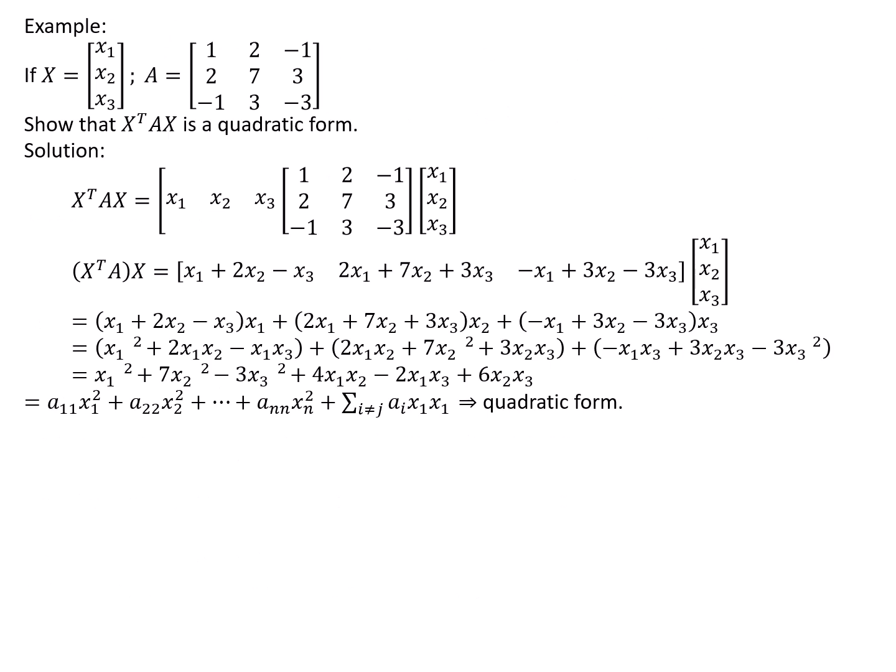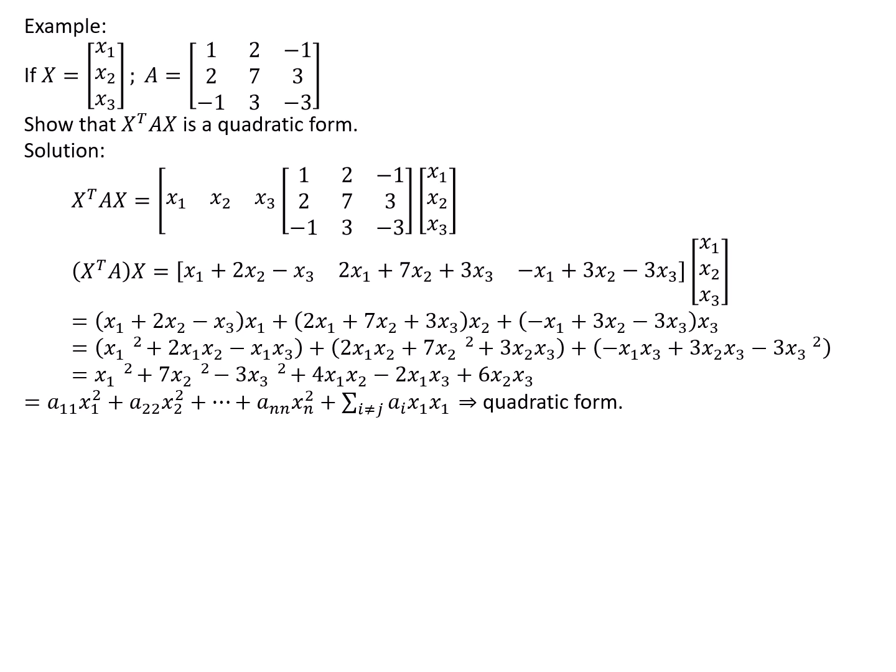Let's look at another example here. If x is equal to the column vector x1, x2, x3, then your A is given as a 3 by 3 matrix, which is 1, 2, minus 1, 2, 7, 3, minus 1, 3, minus 3.